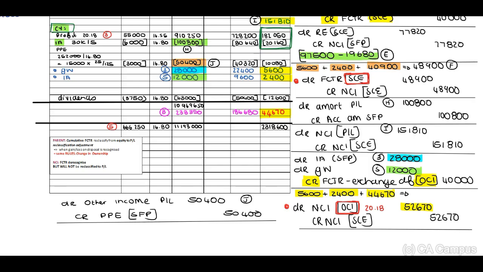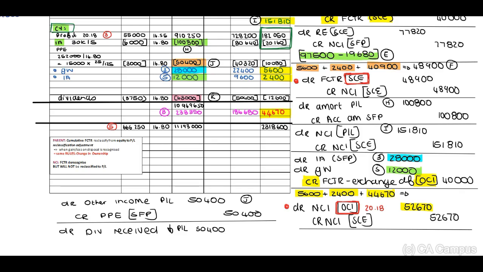Last one, in terms of our analysis of owner's equity, is our dividends, the 63,000. Remember, we need to reference K and we need to eliminate this. Therefore, we will have to debit our dividends received. Again, an income that should decrease, therefore, debit in our profit or loss. And this will be an amount of 50,400.